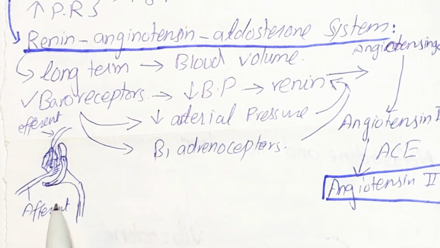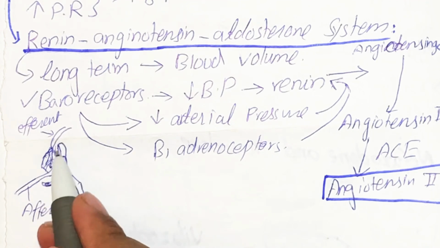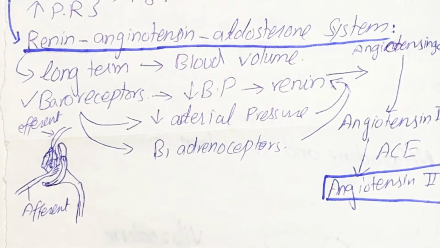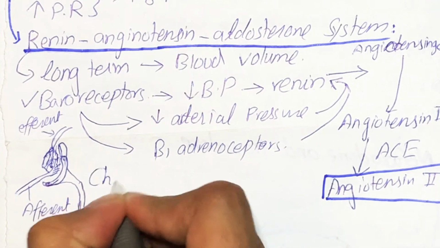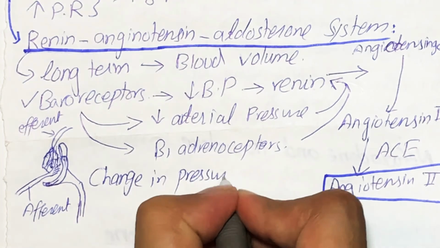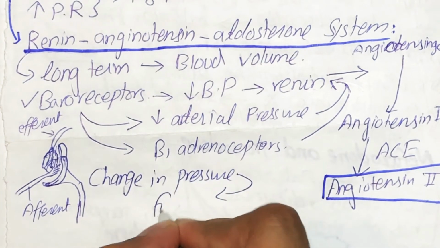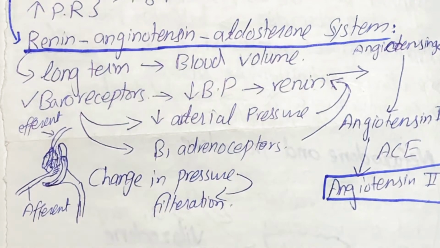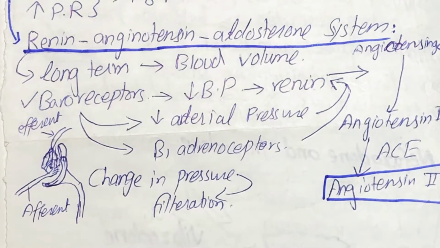The same happens over here: there is an increase in pressure because of the change in diameter of the arterioles. This change in pressure will cause filtration, because now there is more pressure and more particles will be filtered out because of the pressure being increased.